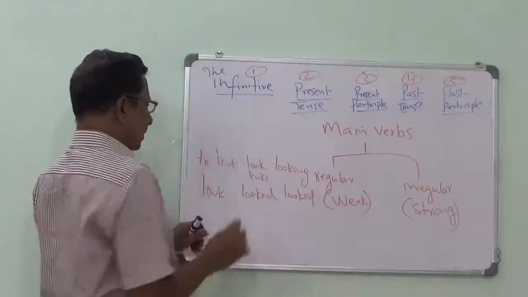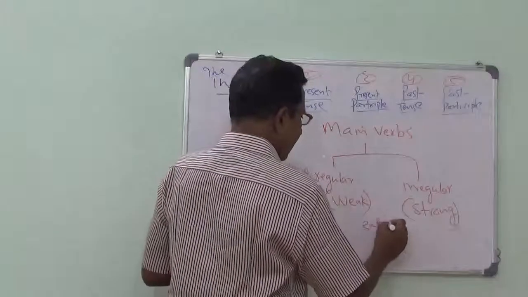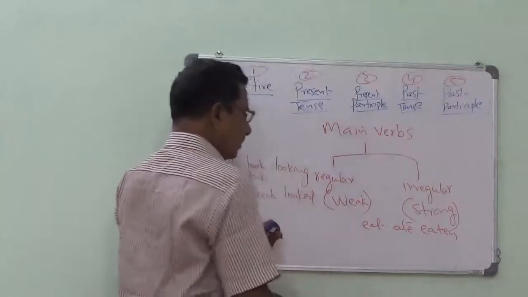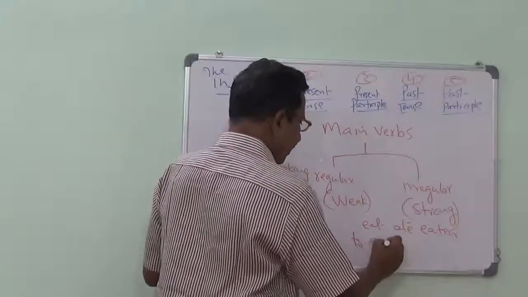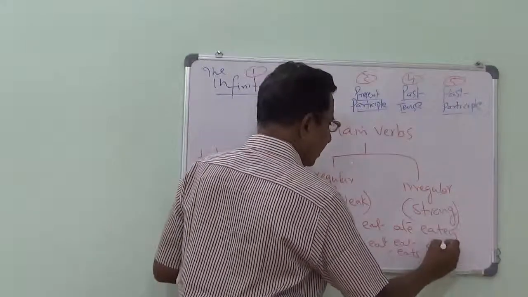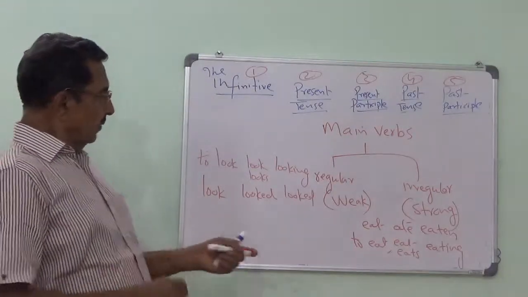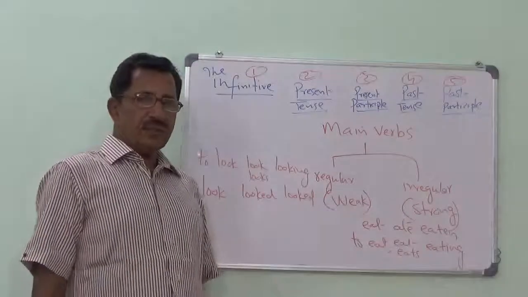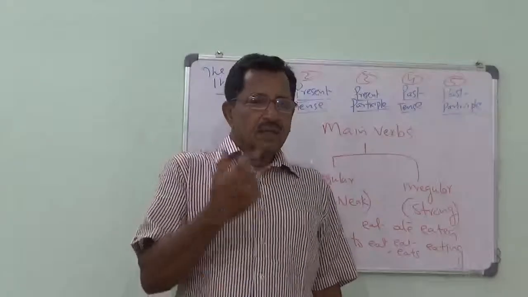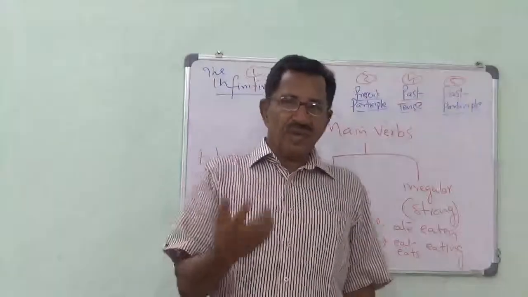To look. And irregular verbs we have already seen: eat, ate, eaten. Other forms are to eat, eats, eating. See, that's all. So here the difference you find is in past tense and past participle. So there is no need of saying to eat, eats, eating, ate, eaten, because the other things are common, so don't worry about that.